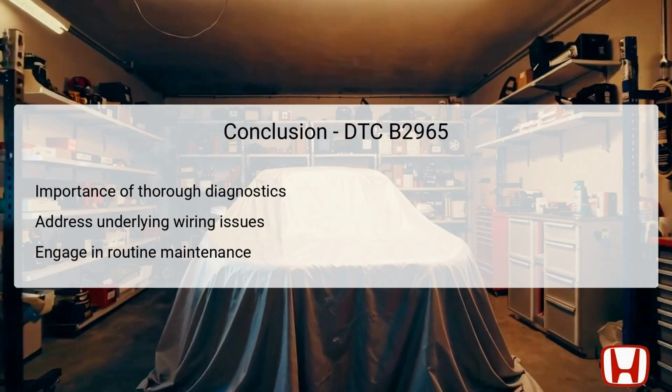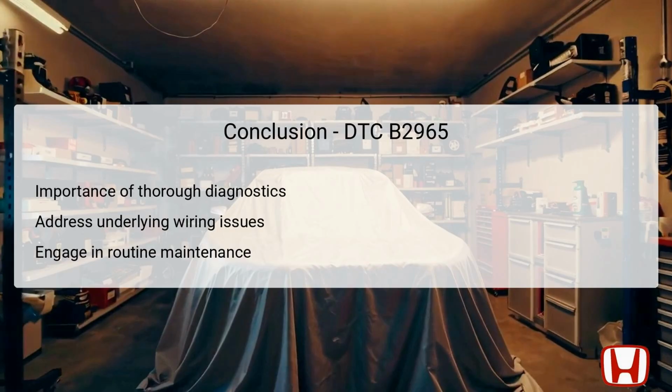In summary, the DTC B2965 indicates a rear communication failure, affecting the rear AC system in Honda Odyssey models from 2011 to 2017. Effective diagnostics are crucial in identifying and resolving underlying issues, particularly in wiring connections and the control units themselves. Each step in troubleshooting must be executed methodically to ensure safety and accuracy in repairs.